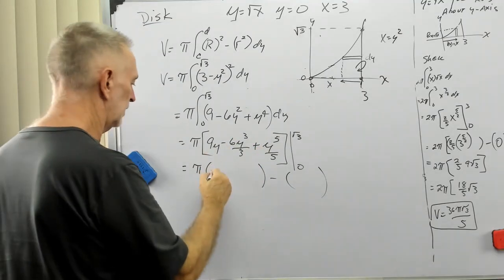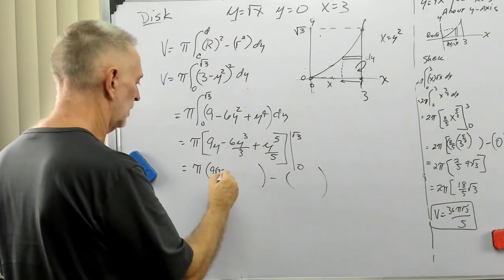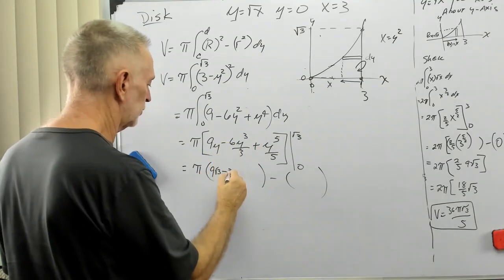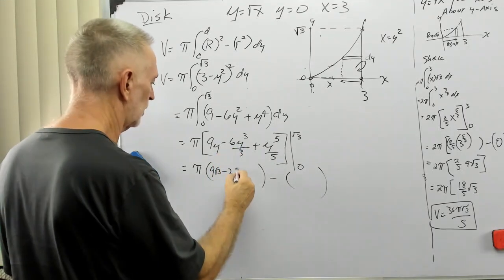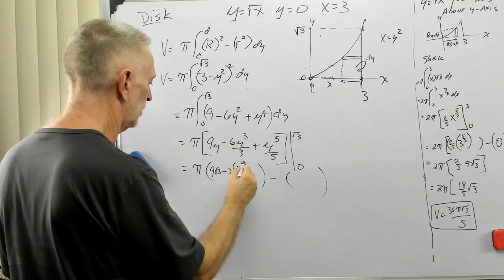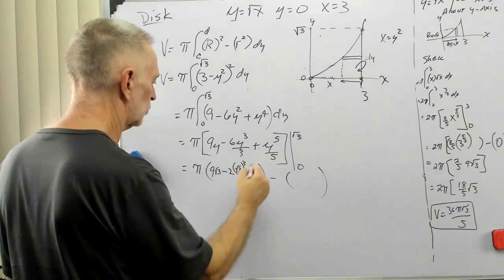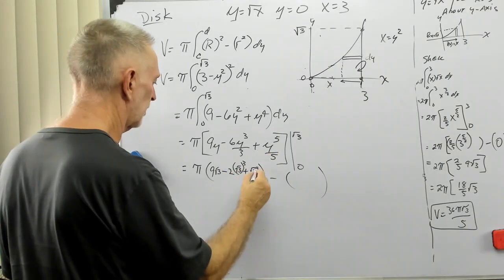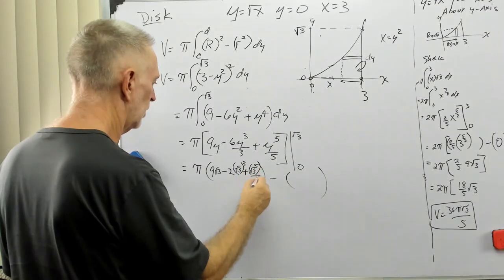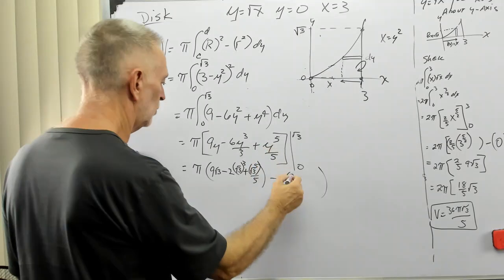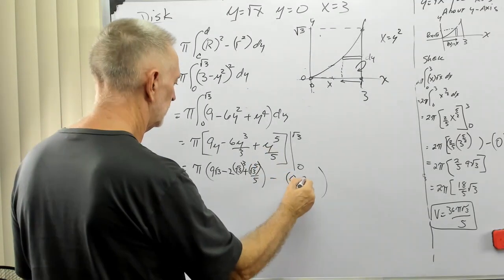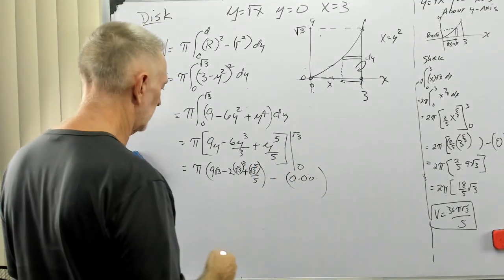It's 9 times square root of 3, minus 6 over 3 is 2, so 2 times square root of 3 cubed, plus square root of 3 to the 5th over 5, minus, put in 0 for every one of those, and it's gone.